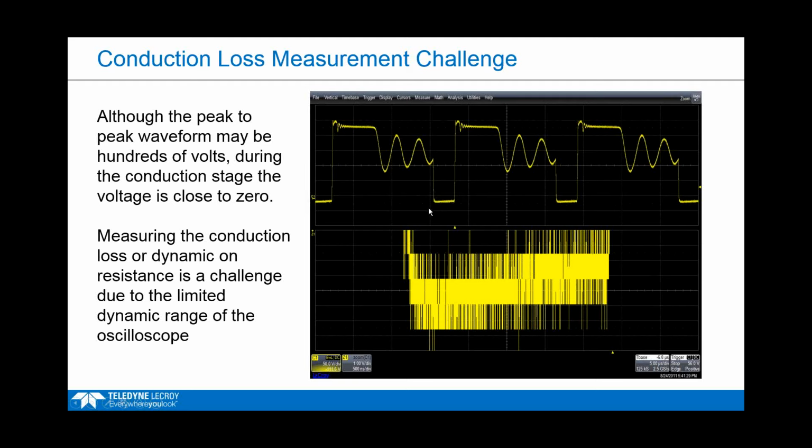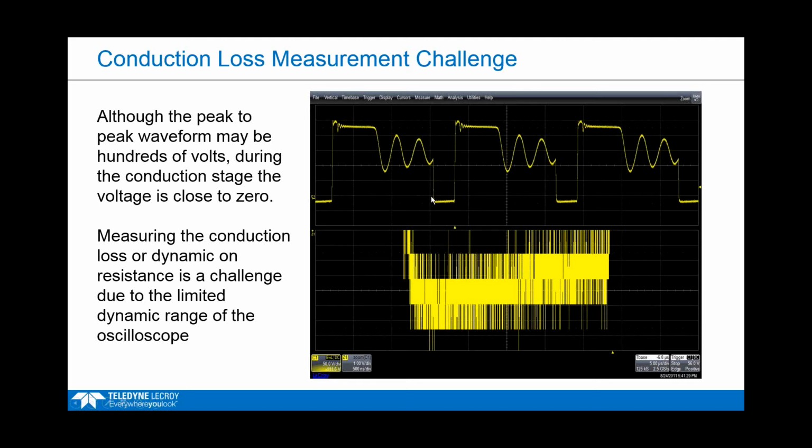If you want to characterize this conduction state well, you need to measure a voltage that's maybe 1 volt, and at the same time you're measuring a voltage that's 250 volts peak to peak.